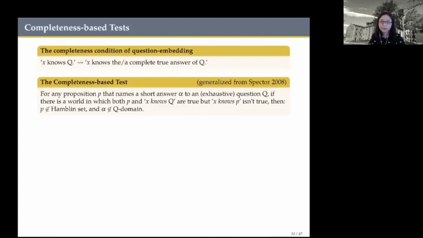It says for any proposition P that names a short answer alpha to an exhaustive question Q, if there is a world in which P and X knows Q are both true, but X doesn't know that P is true, then we can conclude two exclusions. P is not in the Hamblin set of the question, and alpha is not in the Q domain of the question.